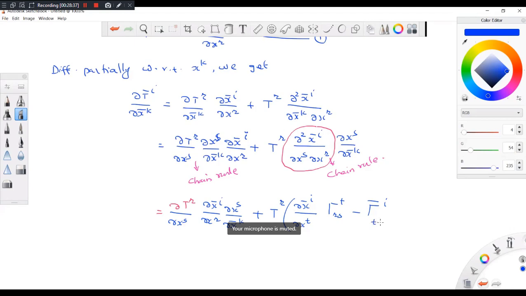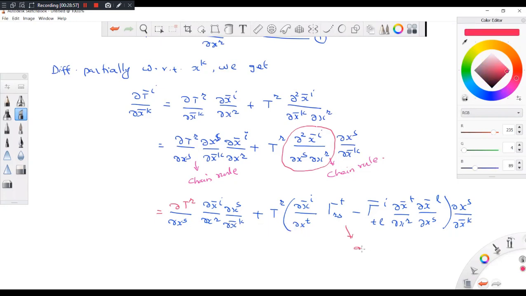Del x bar t by del xr, del x bar l by del xs, multiplied by del xs by del x bar k. So this is an important formula, and I used an important formula.